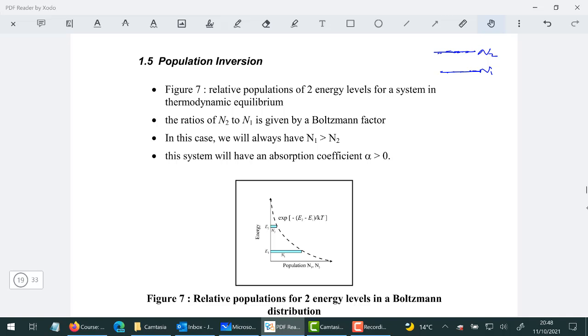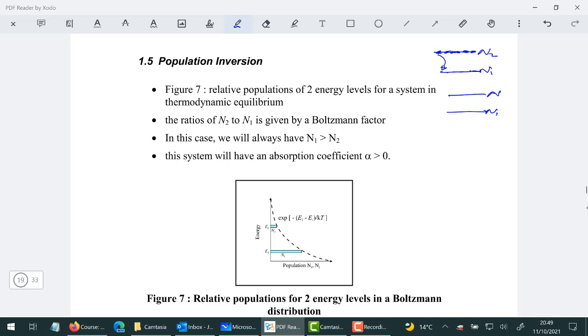If we don't do anything, we have a box of atoms that's going to comprise the laser material. If we just leave it to reach thermodynamic equilibrium, this will not necessarily be the case. In fact, it almost certainly is not going to be the case, because as the atoms in level 2 relax back down into level 1, then you're going to have more atoms in level 1 than in level 2.